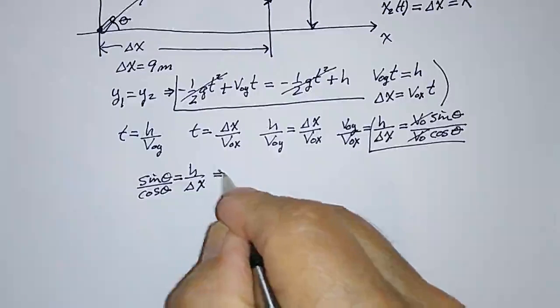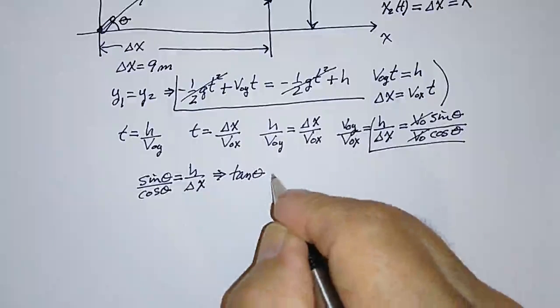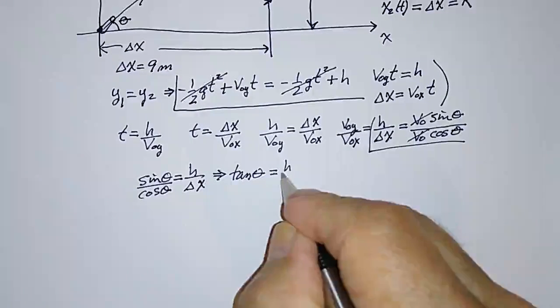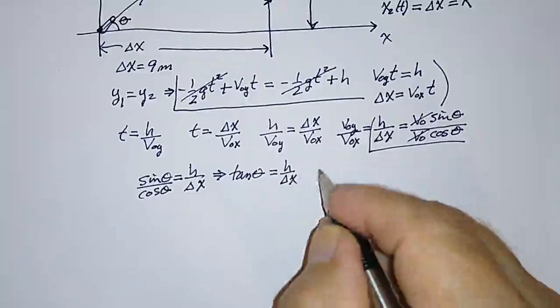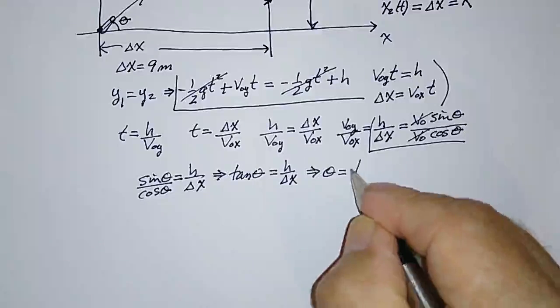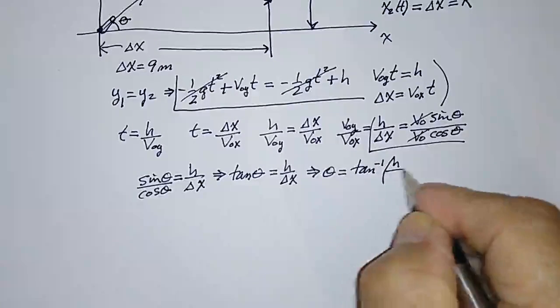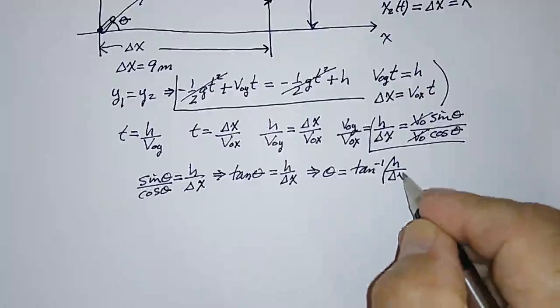And that means that the tangent of theta, which is just sine over cosine, is equal to h over delta x. And that means that theta is equal to the angle whose tangent is h over delta x.